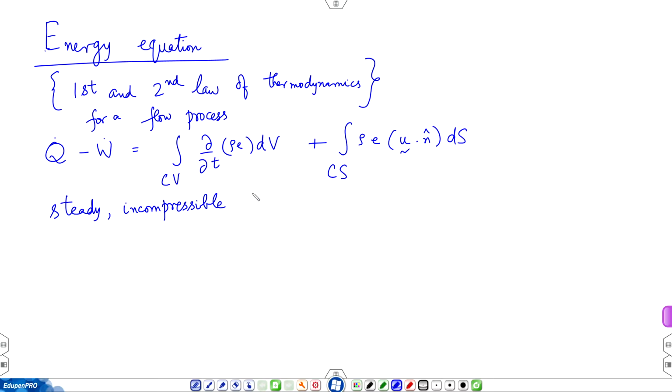So, accordingly, we are thinking of liquids by and large, but gases also behave as incompressible under a wide range of conditions. We will see what those conditions are a little later. So, then Q dot minus W dot is rho integral over CS of E u dot n dS.